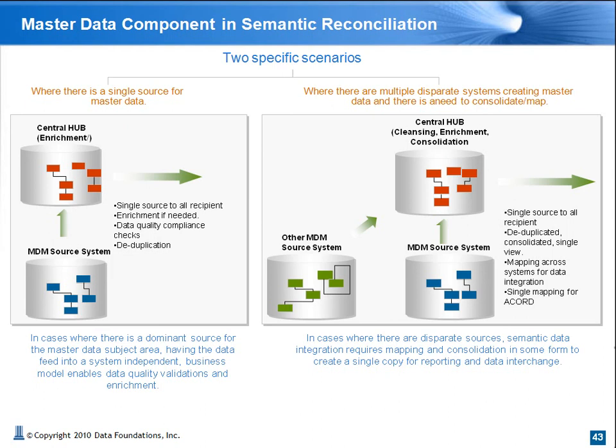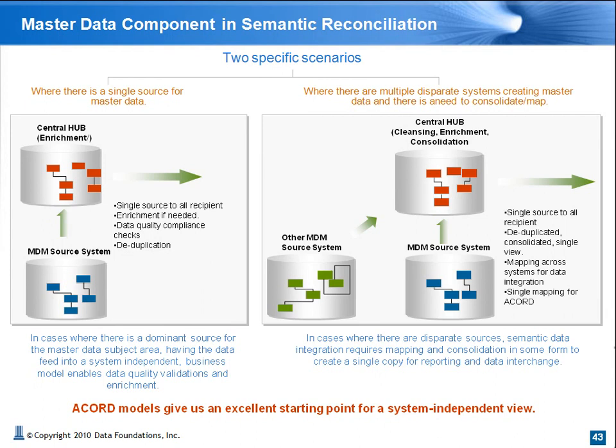Now, the first group thinks having a dominant source is great. But to be able to distribute the master data to multiple recipients, a standard model that is system independent gives you multiple benefits. Firstly, the term system independent implies that if the dominant source is retired and a new system is put in its place, there will be no change to your interfaces.